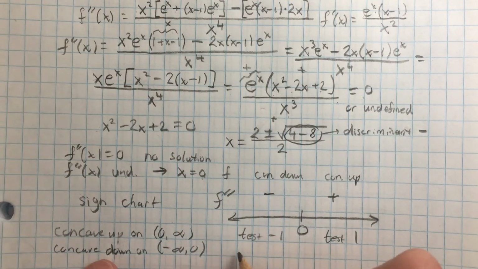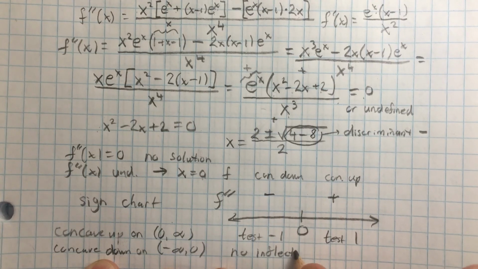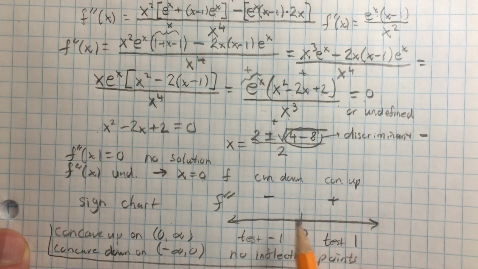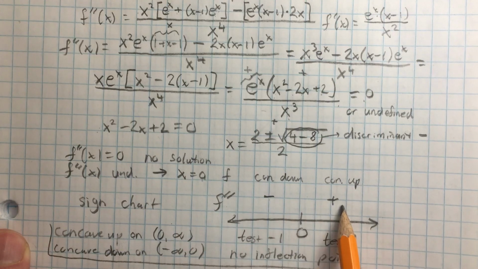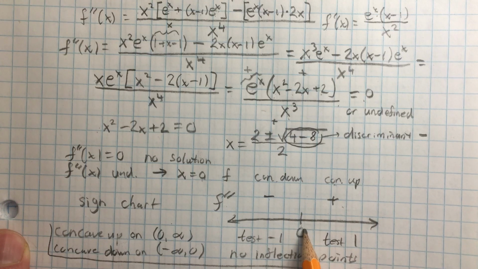And there are no inflection points, for the reason I explained before. Even though there is a change of sign for the second derivative at 0, and there is a change of concavity there, 0 is not in the function's domain, so there's no point there for there to be a point of inflection. As a matter of fact, it should be an asymptote.